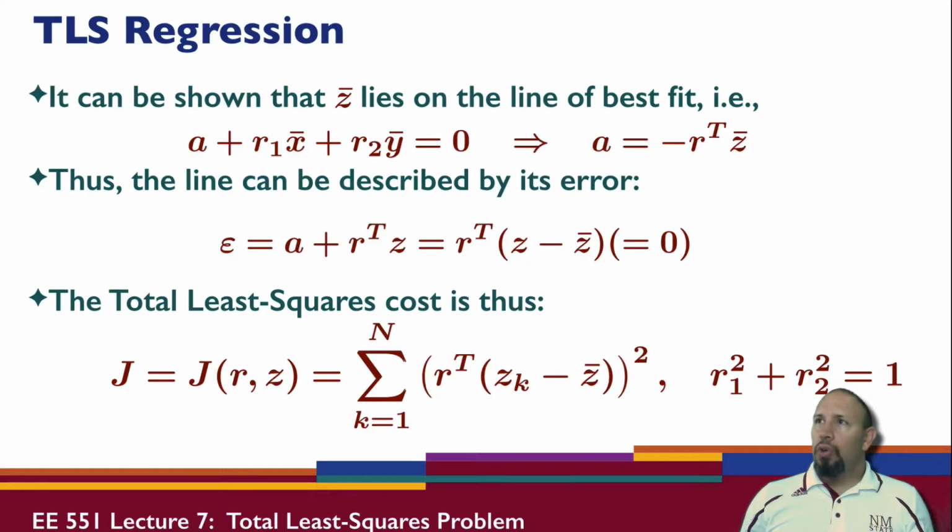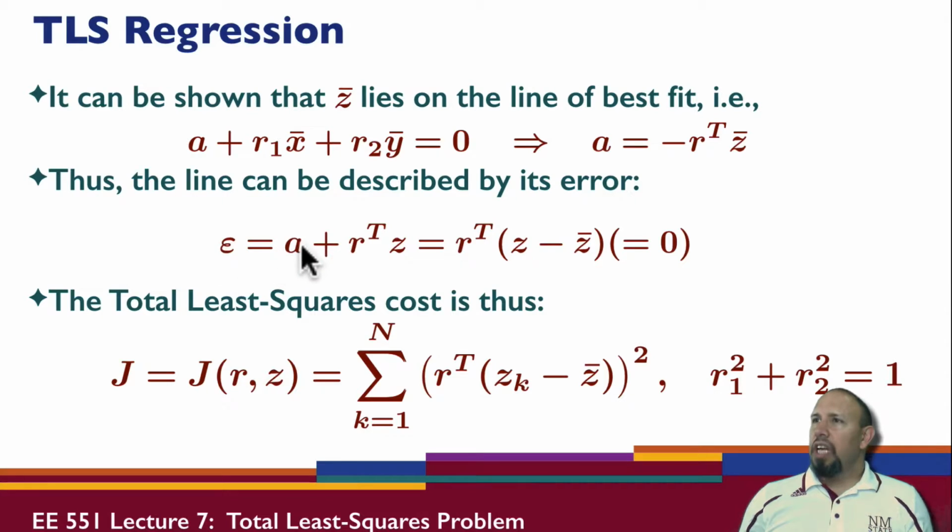Okay. You can go through and show that z bar lies on the line of best fit. Actually, that it lies on the line of best fit for both ordinary least squares and total least squares. So we can show that it needs to satisfy this. And so basically, if we know r, we can go through and find a from this expression. Okay. So the line now can be described by its error.